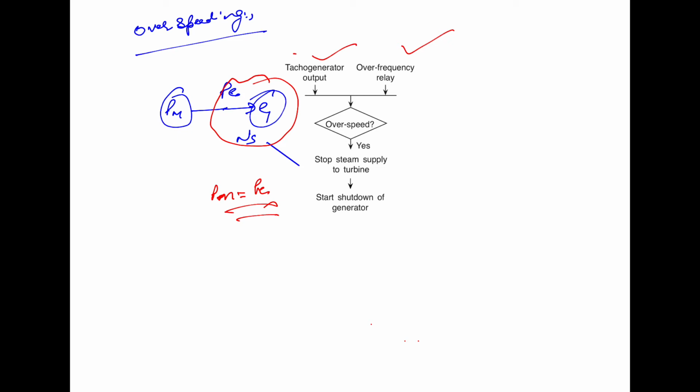If the speed is high, then it will stop the steam supply to the turbine, and it starts the shutdown of the generator. So this logic against overspeeding is shown here. We can use the over frequency relay, or we can monitor the output of the tacho generator which is mounted on the generator shaft.